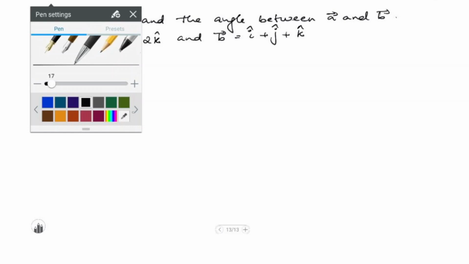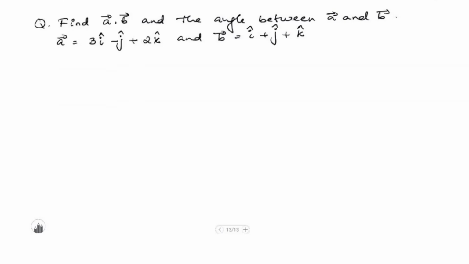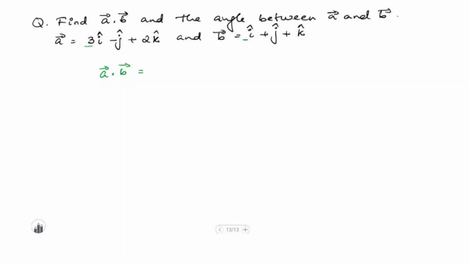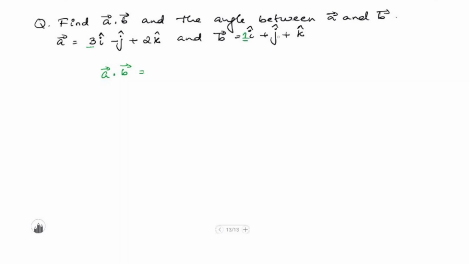So now here if we want to find out the dot product of A and B, we know we will be multiplying the coefficients of the i term. So here it will be 1 and 1 and 1. So 3 times 1, maybe at first let me write them down.